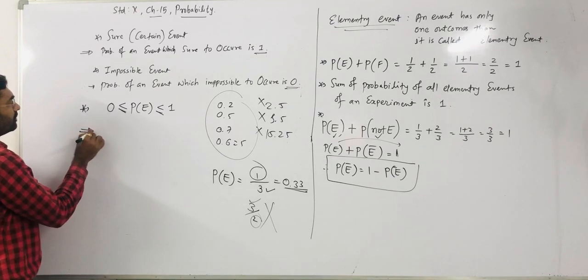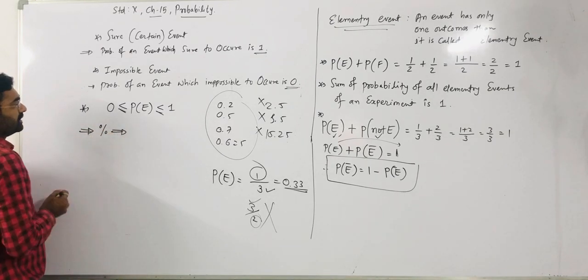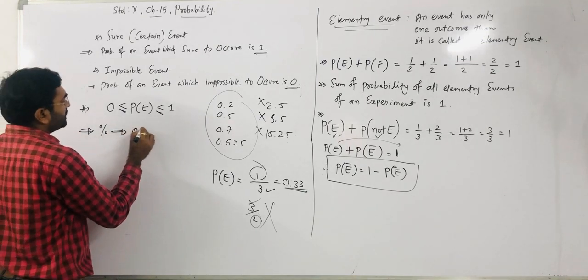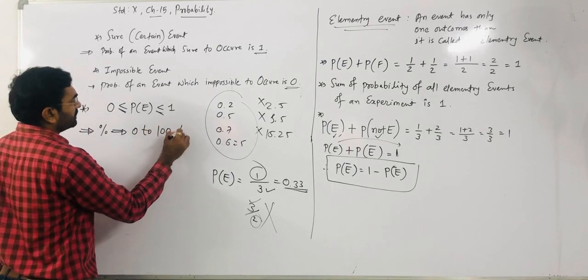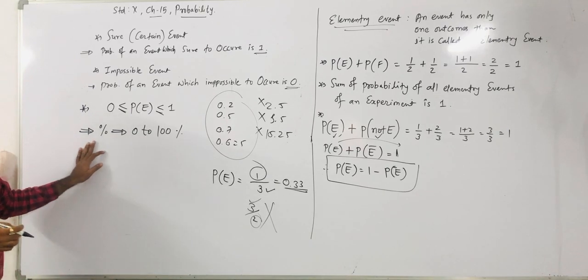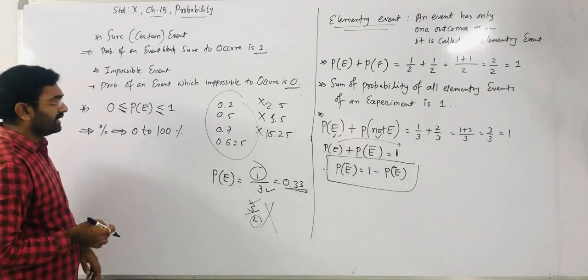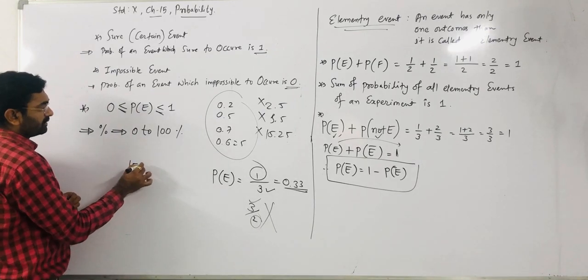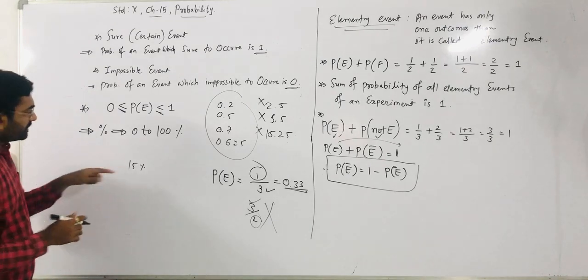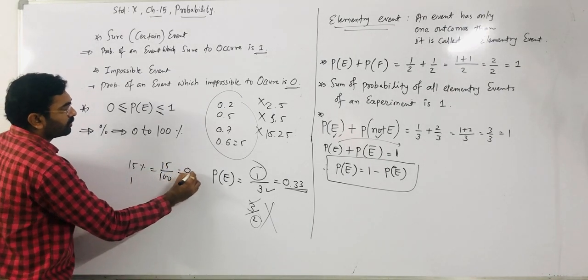Another thing about probability in percentage: whenever they give it in percentage, our answer is between 0 to 100%. The probability of any event may be given in percentage, so the answer has to be between 0 to 100. Suppose I say 50%. Now 15% means what? How can we represent it? 15 by 100. 15 by 100 means 0.15.